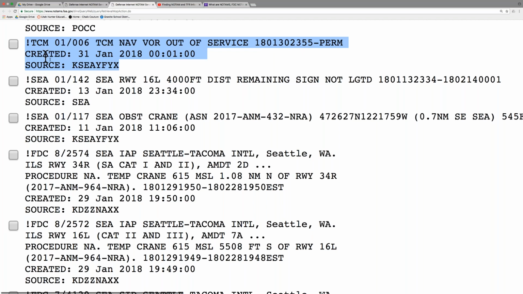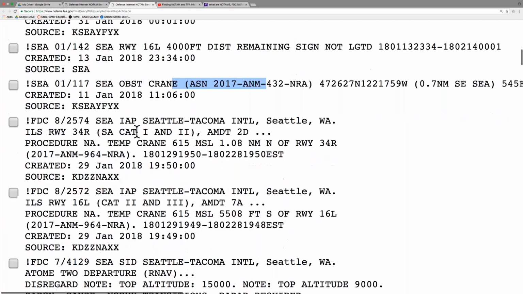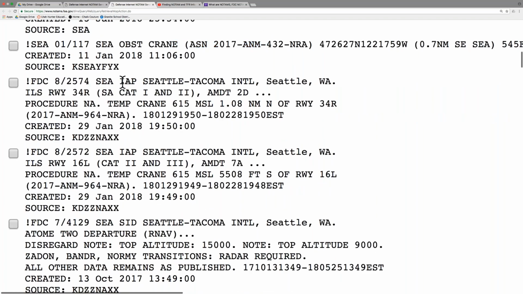This may affect one of our approaches, and that's the whole making sure your chart is current. So we'd want to take a look at that and make sure that none of our approaches or departures or even our arrivals are using this TCM VOR. Here's an obstruction. Again, not really affecting us.